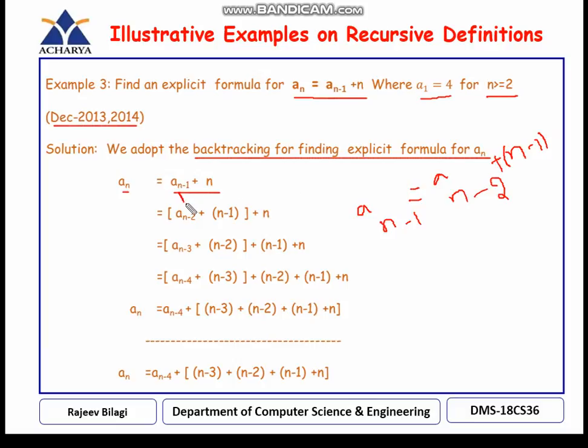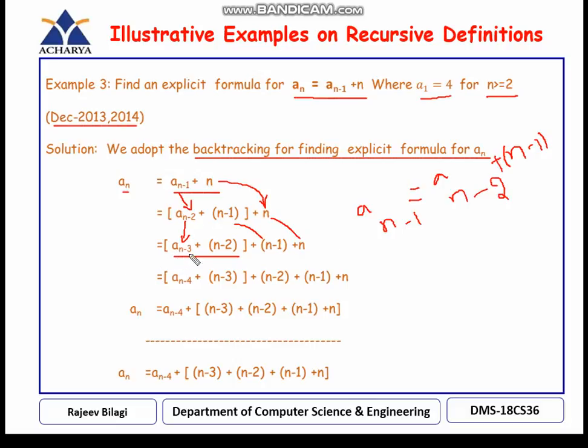So I have written an minus 1 equal to an minus 2 plus n minus 1, and this n I have retained. If I continue with the same pattern, for an minus 2 I will get an minus 3 plus n minus 2. Now this n minus 1 and this n I will retain as they are.